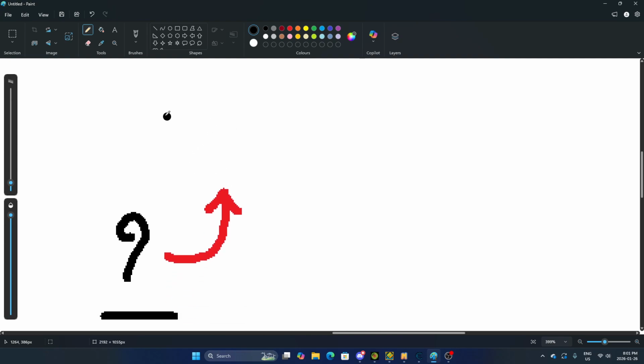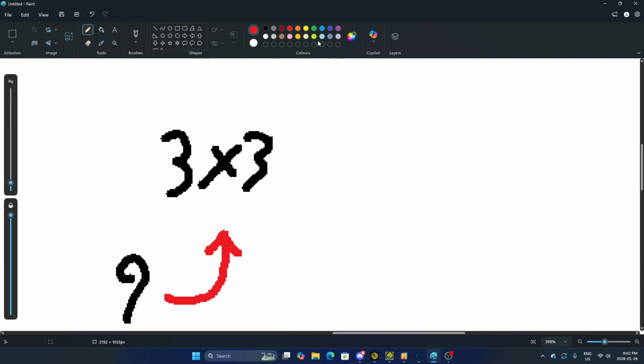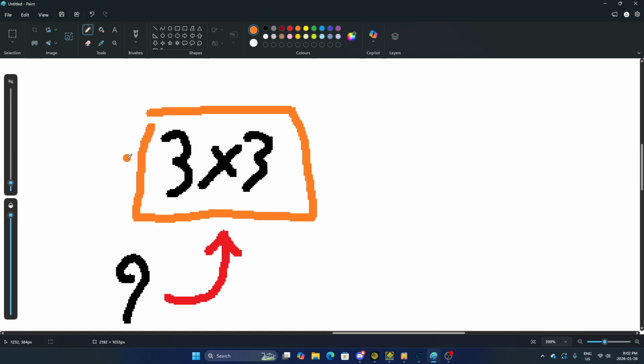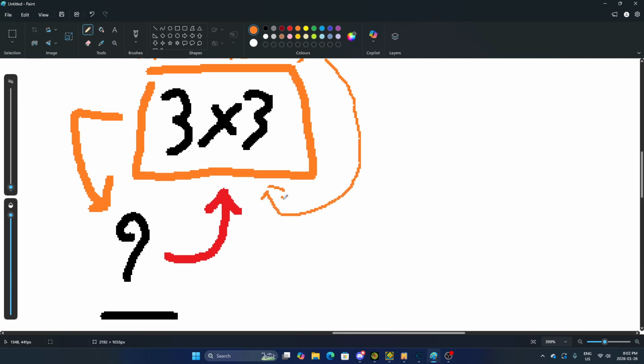So 9 equals 3 times 3. Prime factors are the numbers that you multiply together in order to get a different number. So 3 and 3 are the prime factors of 9.